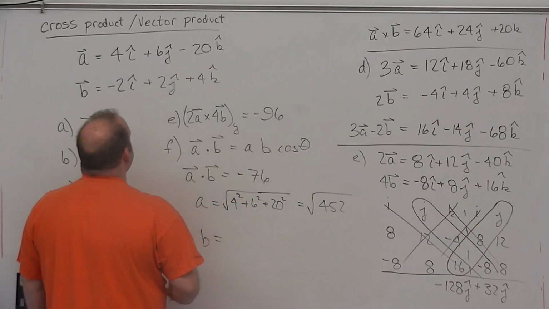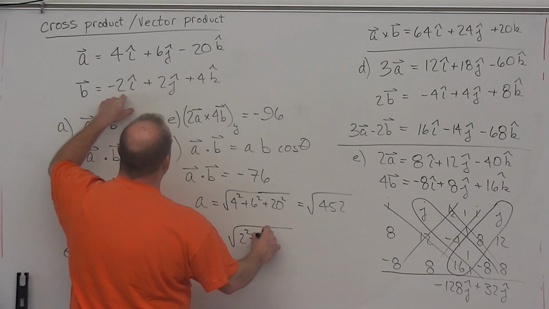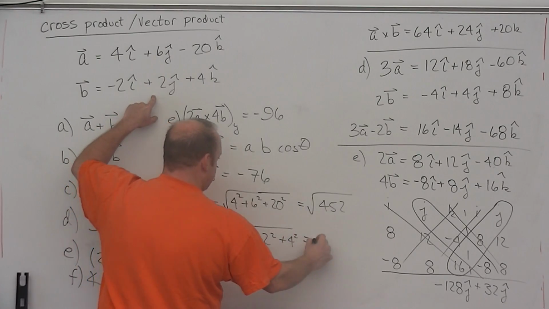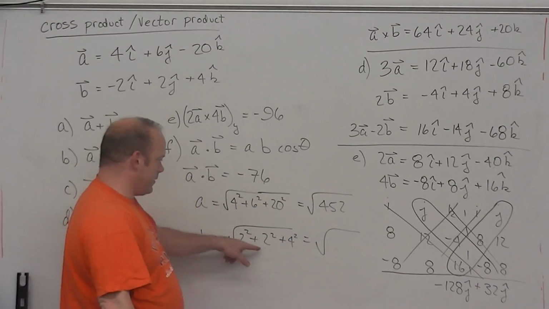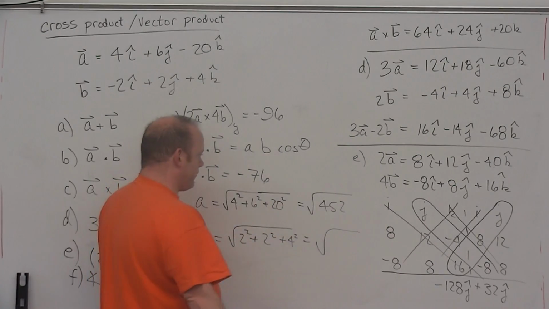Magnitude of B is the square root of 2 squared plus 2 squared plus 4 squared. So this is the square root of 4, 4, 16, which is 24.